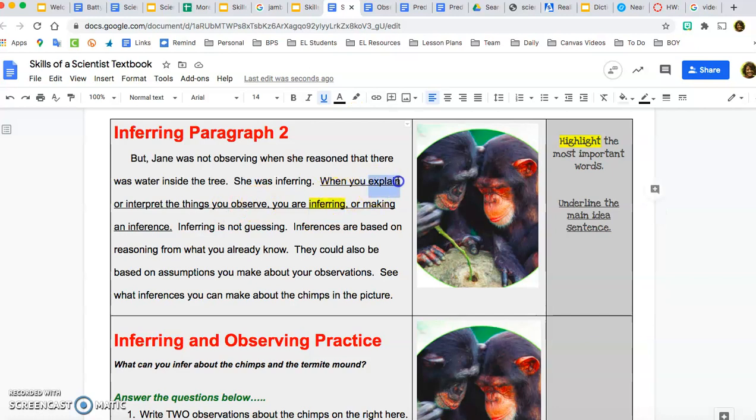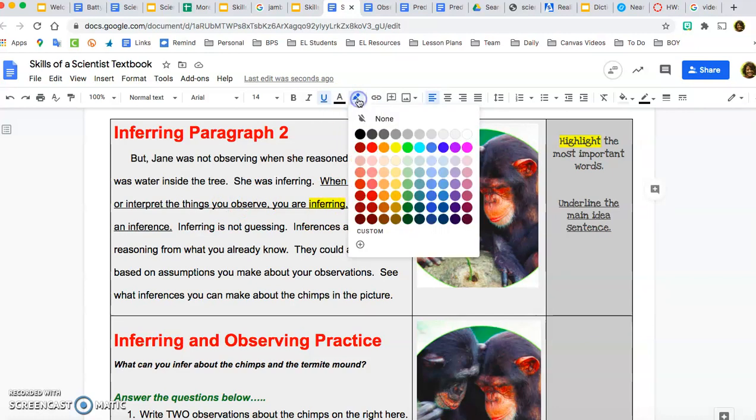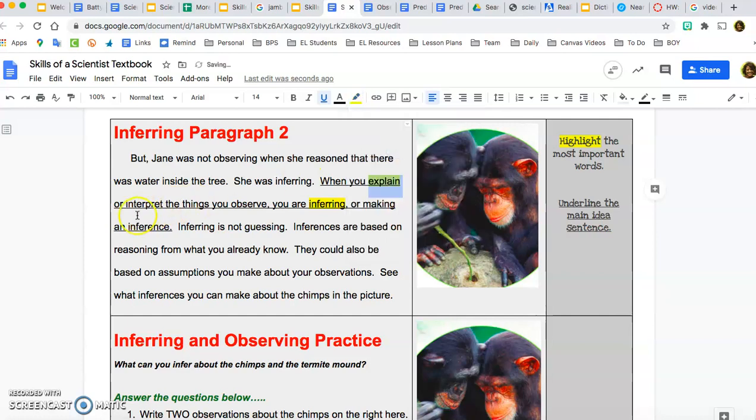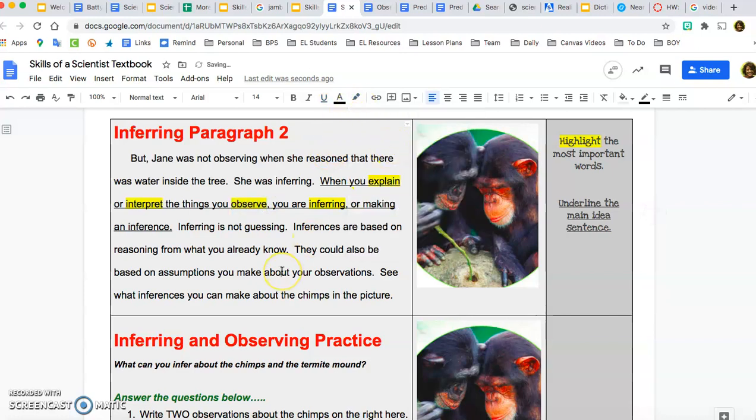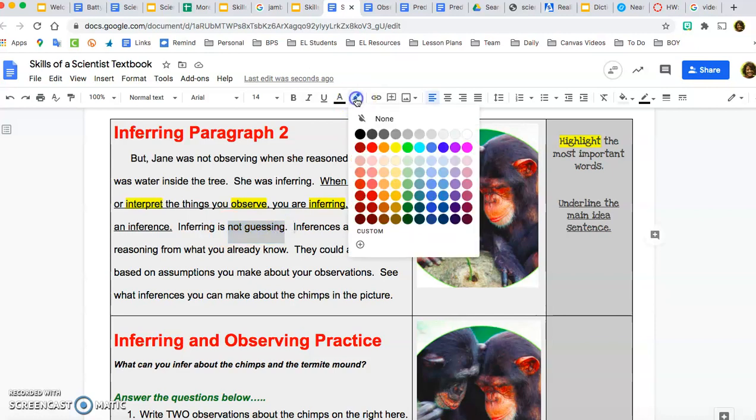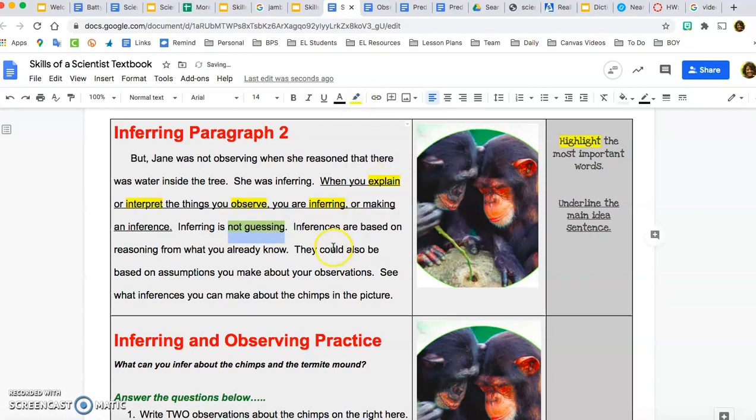So we're going to want to highlight explain because inferring is explaining or interpreting the things you observe. So it's explaining your observations. Okay? Inferring is not guessing. We could highlight not guessing because here it's also saying what inferring is not. So not guessing is probably something important we want to highlight.